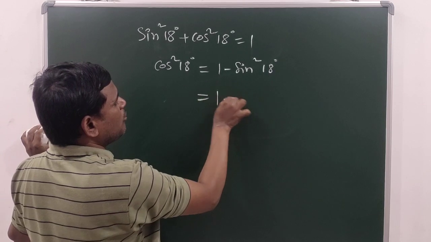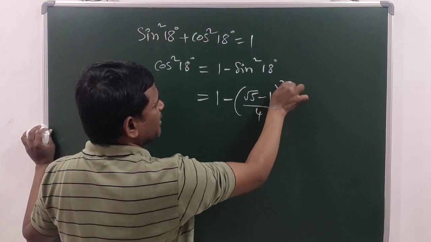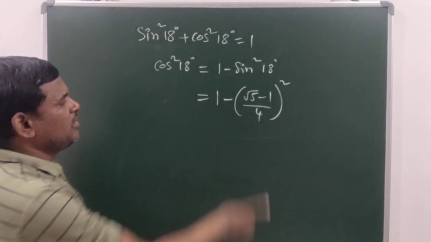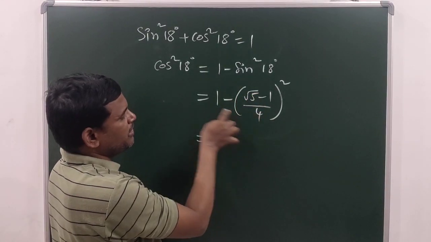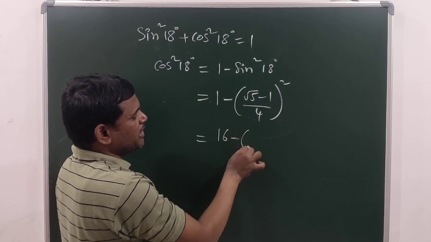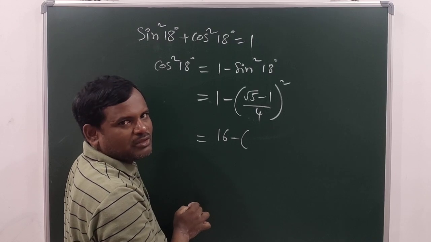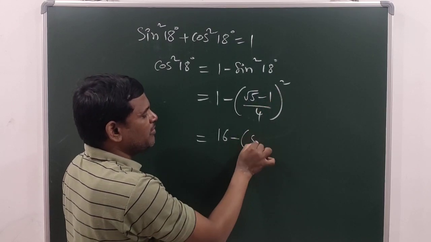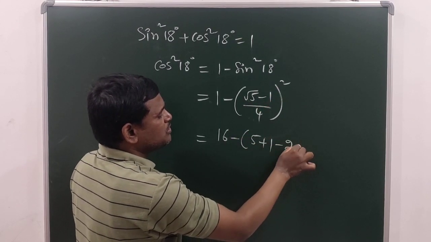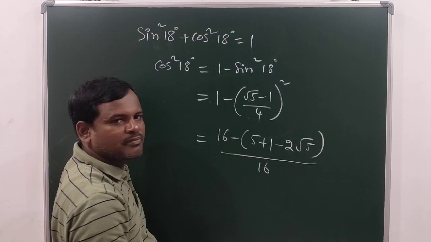So sin 18, how much have we got? Root 5 minus 1 by 4 whole square. Okay. Now simplify this. 4 square 16. When you take cross multiplication, 16 minus root 5 minus 1 whole square. It looks like a minus b whole square.